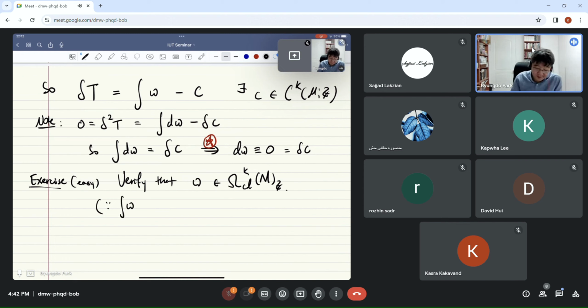So if you have omega and integrate it, then you restrict it over C. Sorry, this C is not that C. So this C sub k of m. Then basically what you have to show is this has values in integers. That's what it means by having integral periods, because closedness is already done.